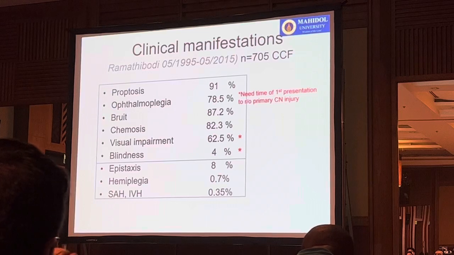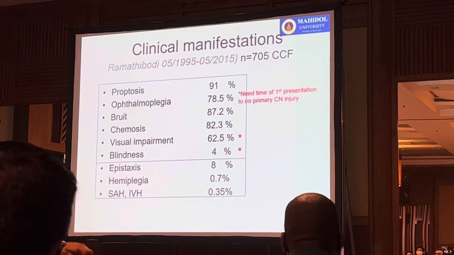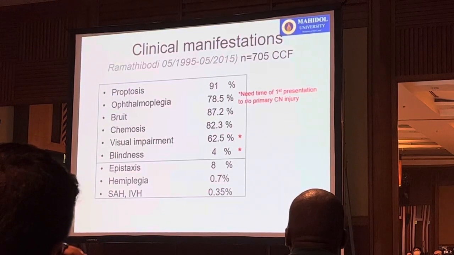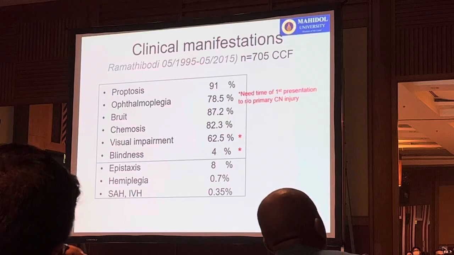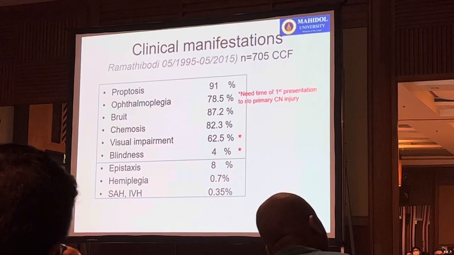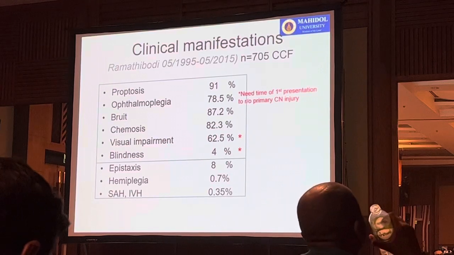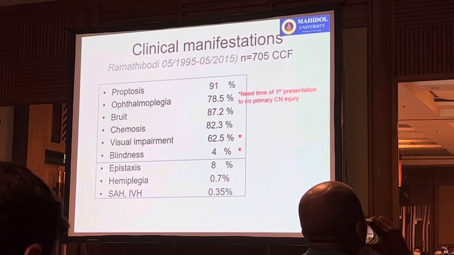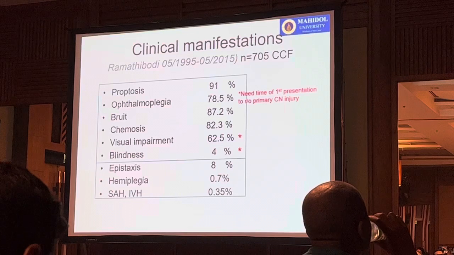What I want to say is that if you have ophthalmoplegia, visual impairment, even blindness, don't tell the family and the patient that this will fully recover. Check whether all these cranial nerves, including the optic nerve, have changed since day one, since the beginning.